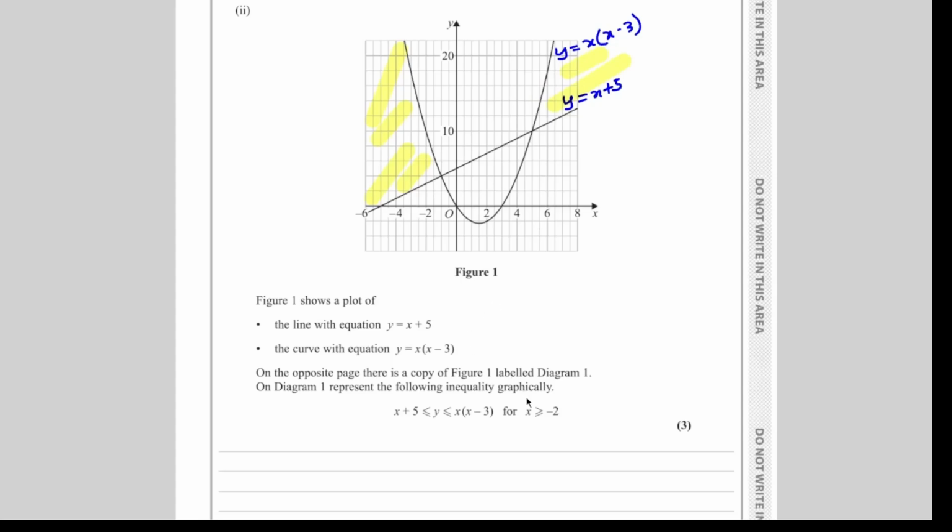But there's another part: x should be greater than or equal to minus 2. Then there is another restriction. Not everything common to this inequality only, there is another restriction. Pick the common region for this part as well.